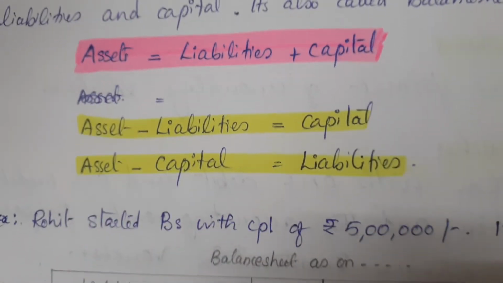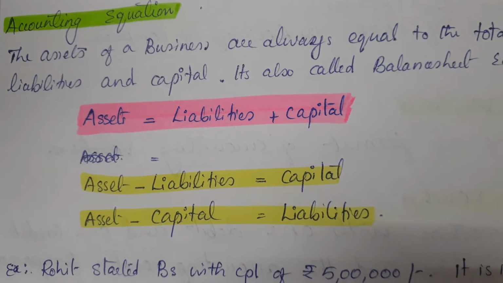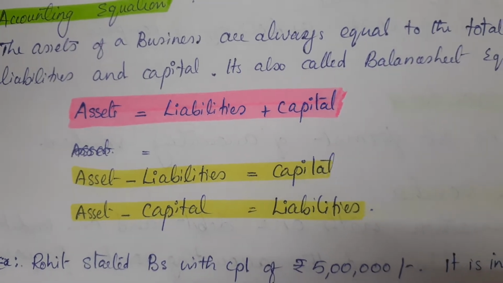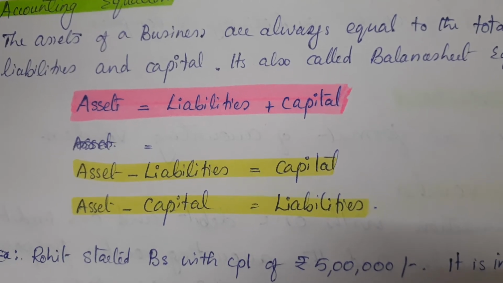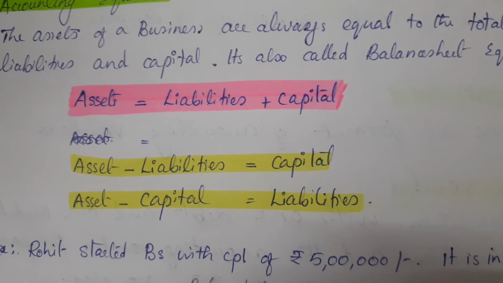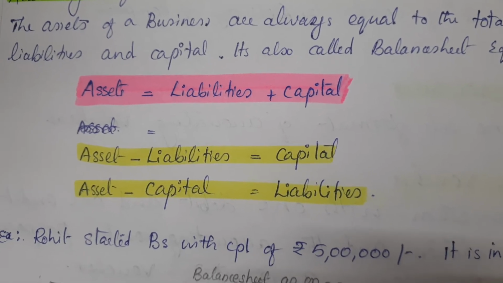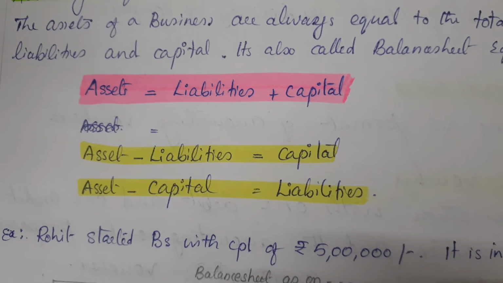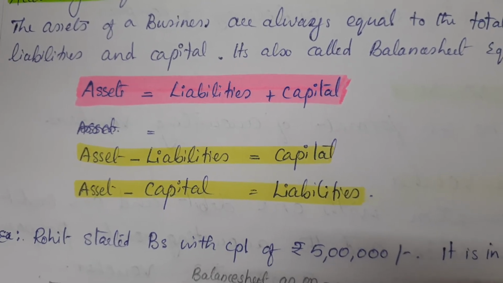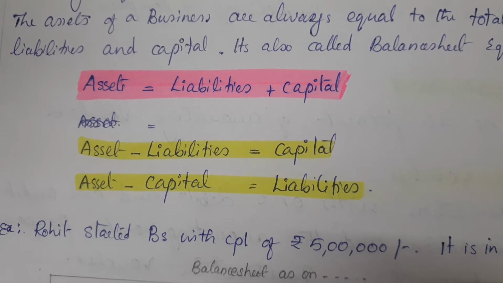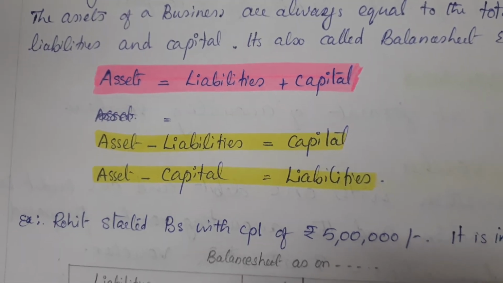We can split the equation this way: assets minus liabilities equals capital, or assets minus capital equals liabilities. If you want to calculate the assets, add total liabilities plus capital. If you want to find the capital, deduct all liabilities from total assets. If you want to find the liabilities, deduct capital from the total assets.